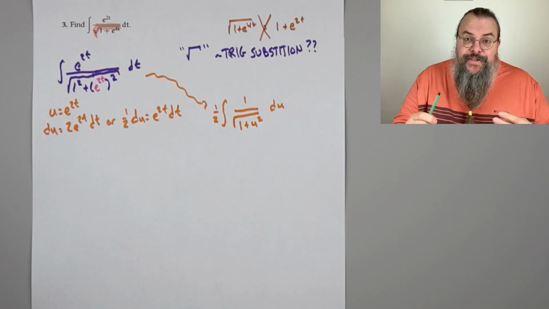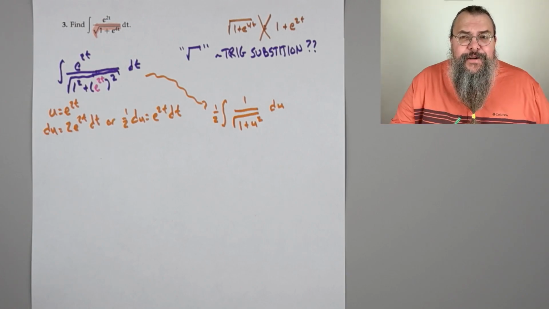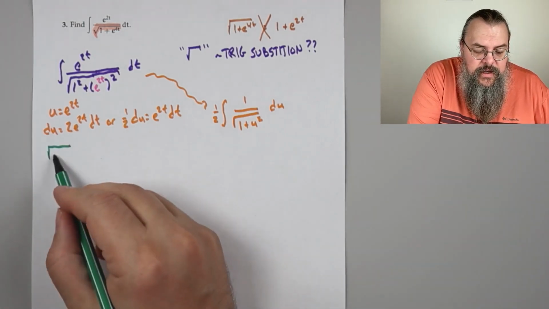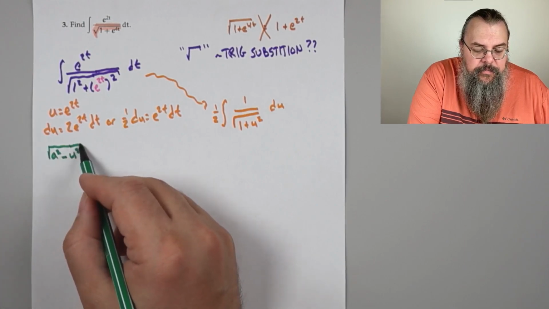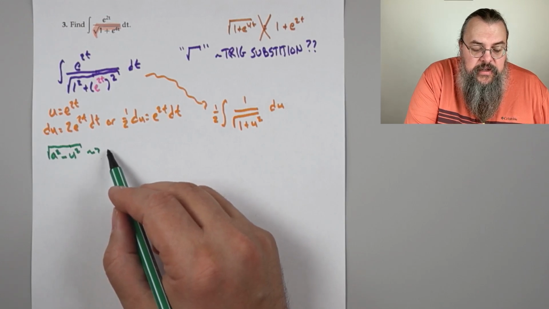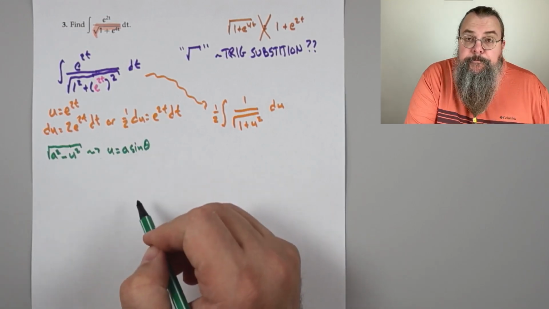Let's remind ourselves, because not only are we doing a test, but it's kind of a short review. If you see the square root of a squared minus u squared, then u is a sine theta.